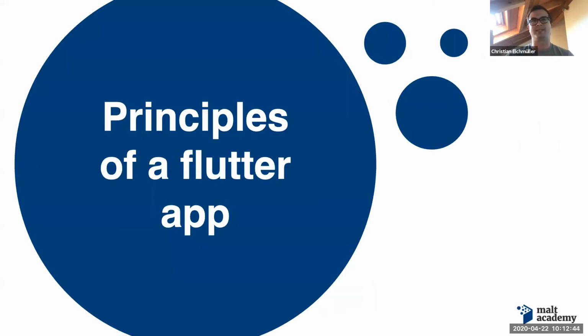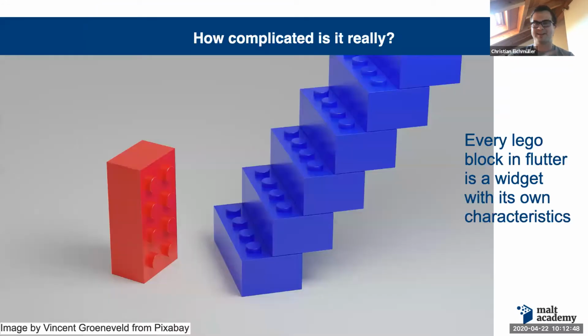All right, principles of a Flutter app. So there are two key principles. First of all, everything in Flutter is a widget. What is a widget? A widget could be described as a Lego block, for example. Every Lego block has its own task and its own characteristics. For example, as you can see here in the image, there is a Lego block who has the characteristic red, and there's a Lego block who has the characteristic blue.